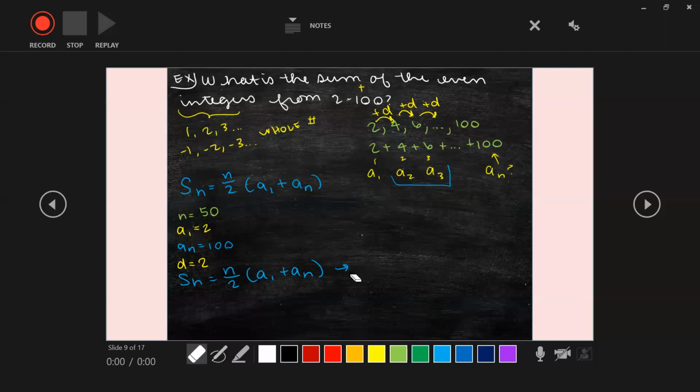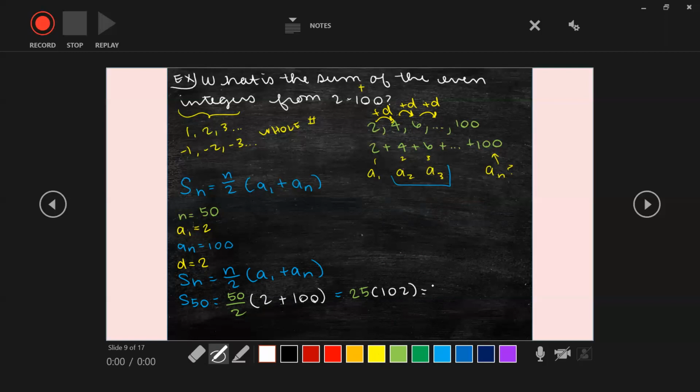I would prefer that you write it like this, right underneath it, so you can see it more directly. My n was equal to 50, so I'm going to substitute that there. What was my a sub 1? 2. And what is my a sub n? 100. This we can solve. We've got 50 divided by 2, so that'll be 25, and then we're multiplying that by 102.